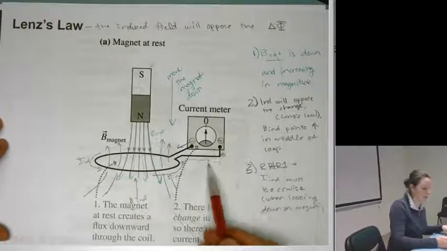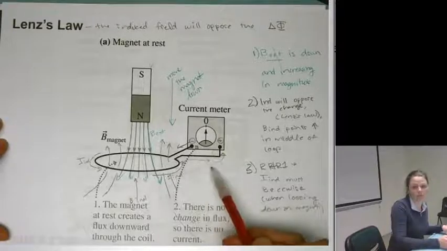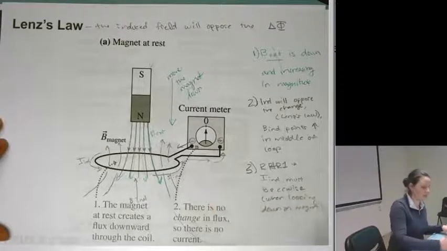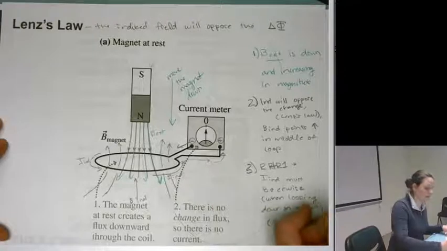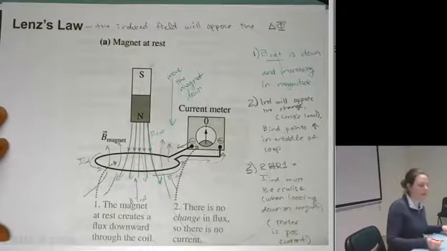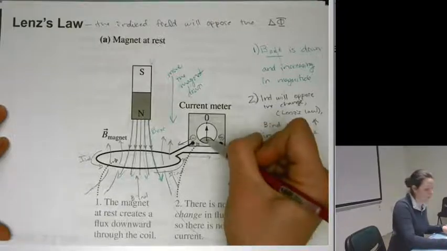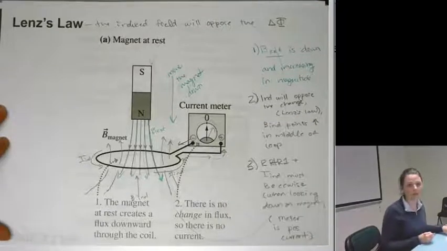When current goes into the positive terminal, that will be recorded as a positive current. So this would be meter is positive, which would mean the current is coming into this positive terminal. So this dial would not be at 0, but like that.